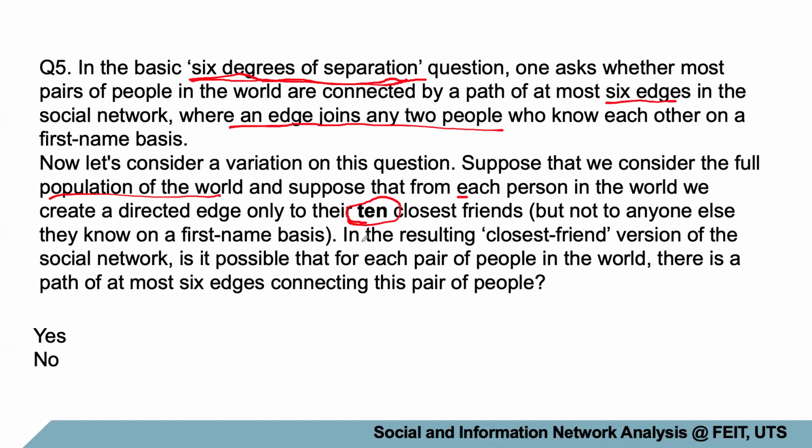So if we do it like this, in the resulting closest friend version of the social network, is it possible that for each pair of the people in the world, there is a path of at most 6 edges connecting this pair of people? In this setting, do you think it is possible?